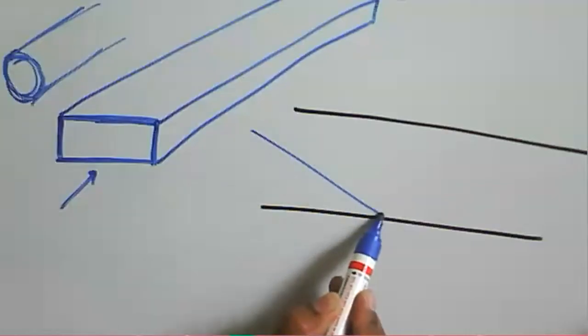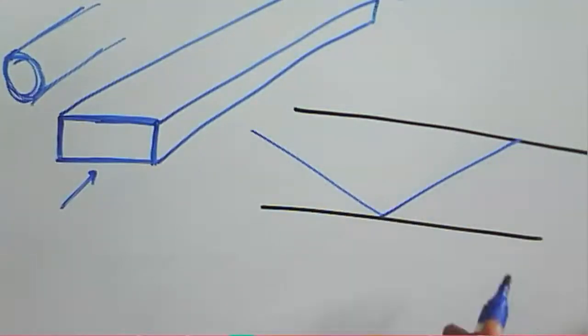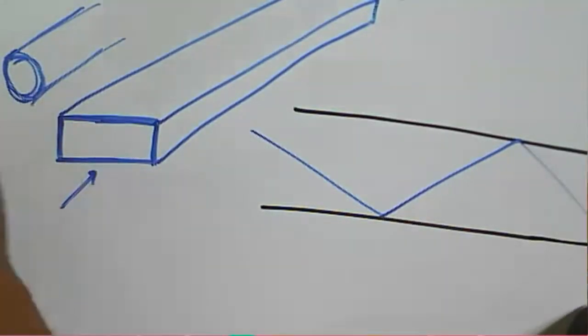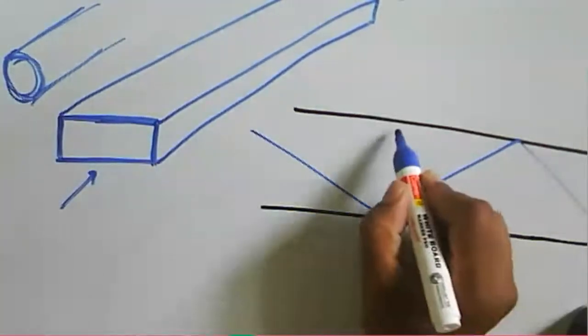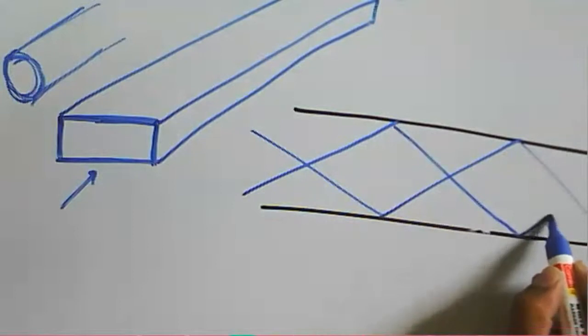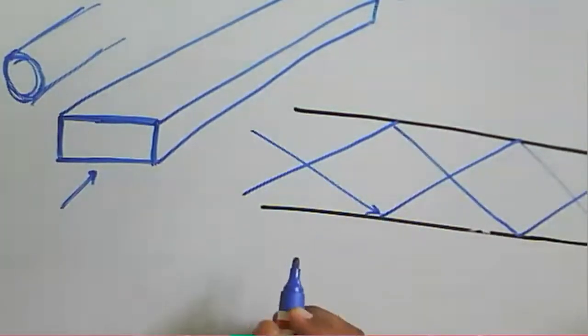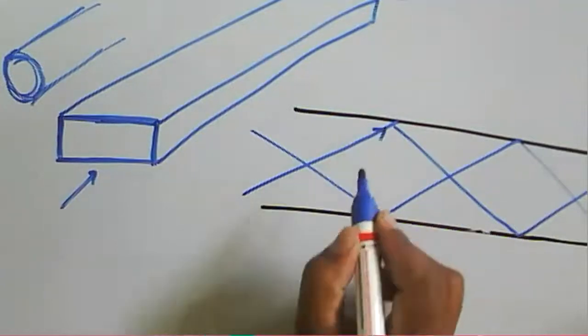Suppose we consider this as the direction of the wave component here. The black one means your signal is propagating this way.